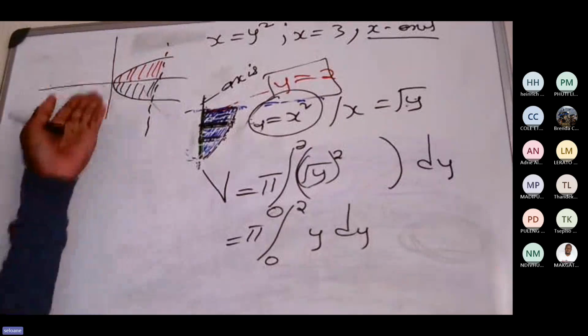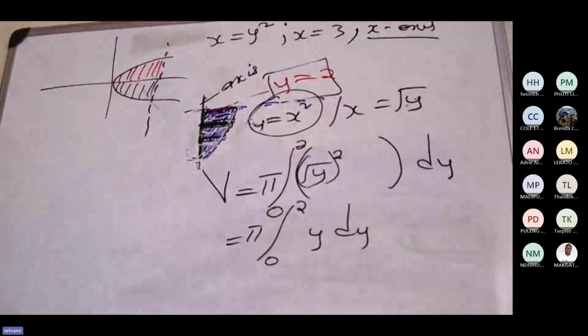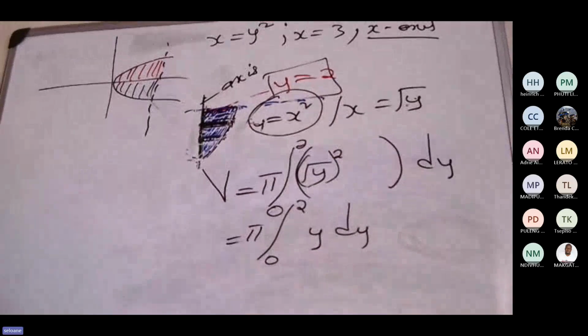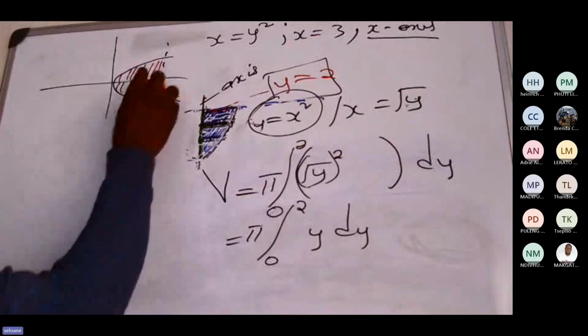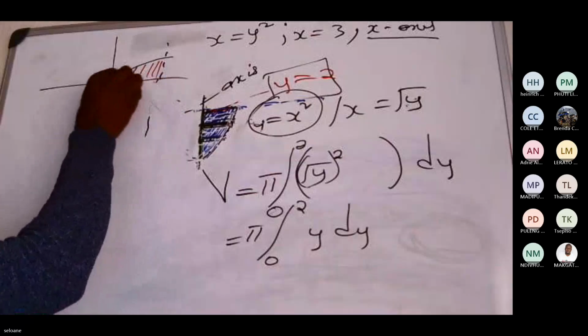But because the two regions are symmetrical, it doesn't matter which one you are going to spin. It doesn't matter which one you are going to rotate. The final answer at the end will be the same. So let us use this one then.